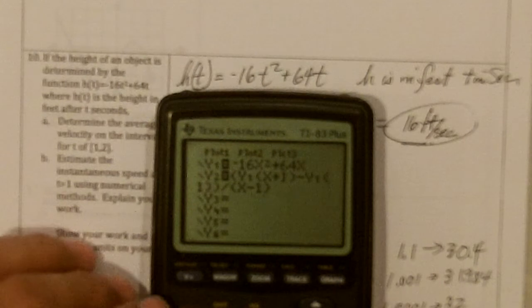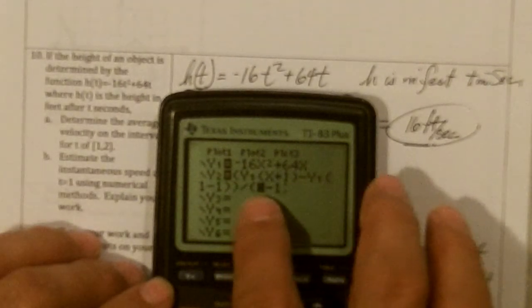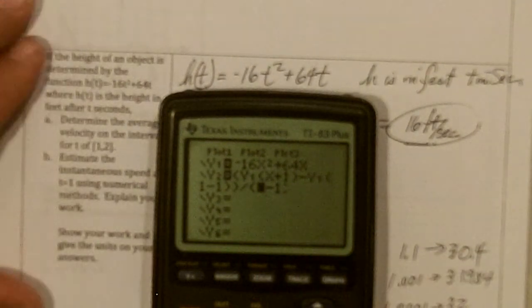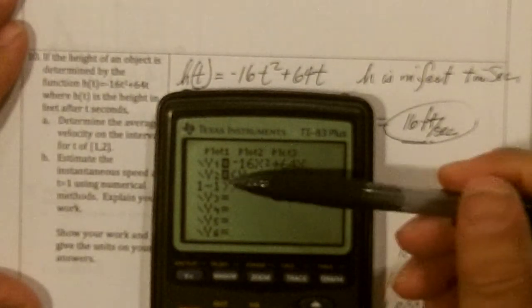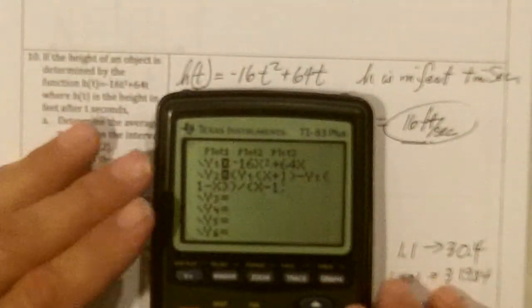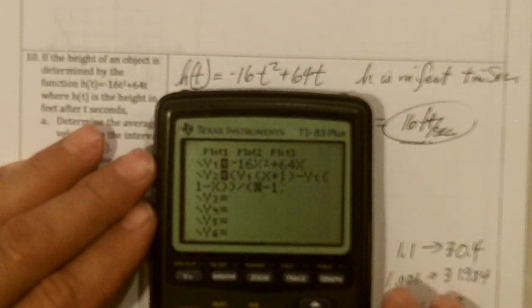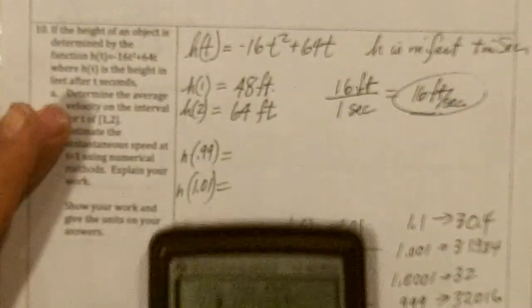So I'm going to go 1 minus x, over, and the x is just how much off I am, so that'll be the change. X is how much below and above, and so the difference will be 2x. So I'm going to put down in the denominator x times 2, because whatever I put in for x, it's a little bit below 1 and a little bit above 1.